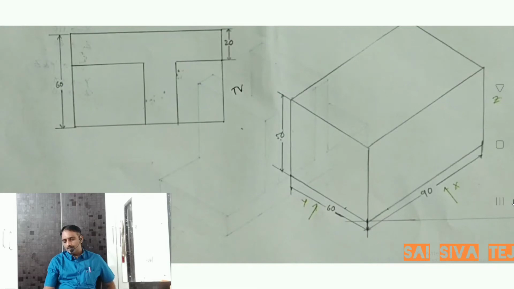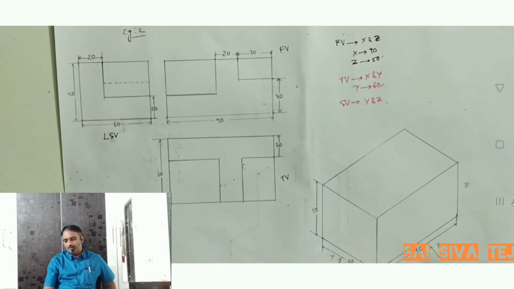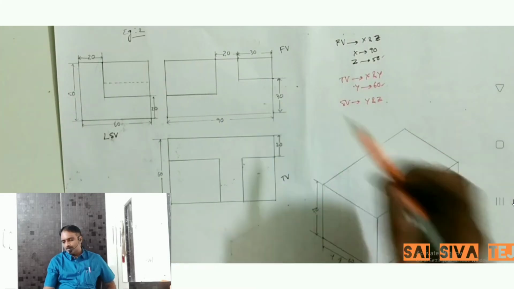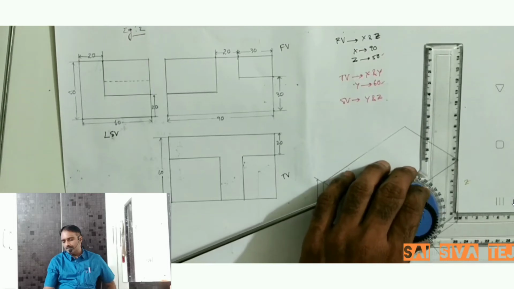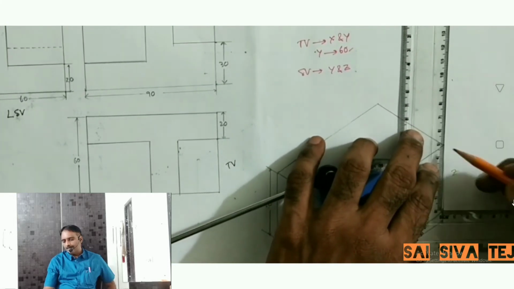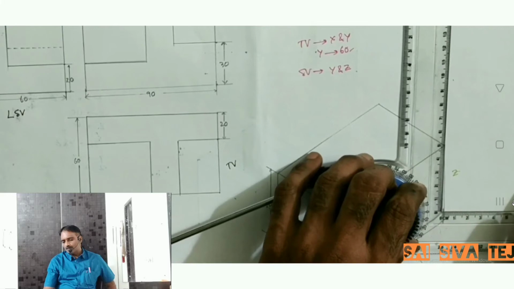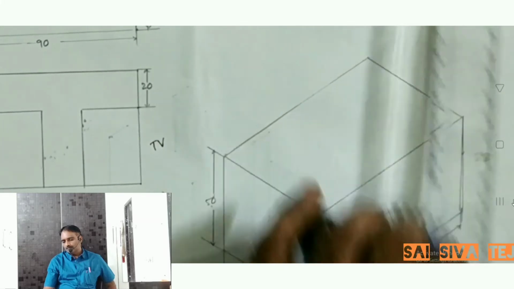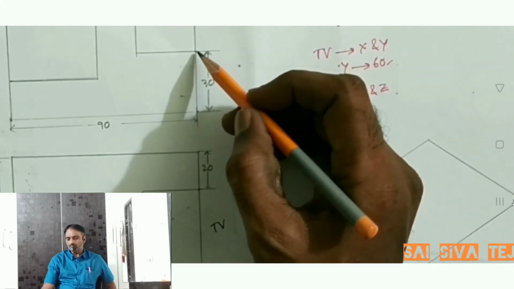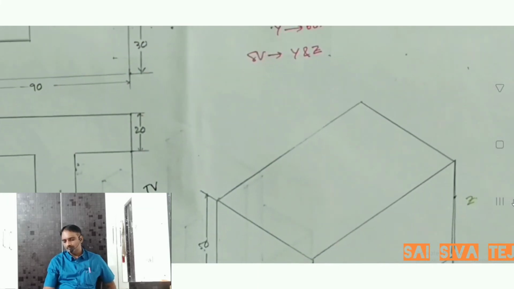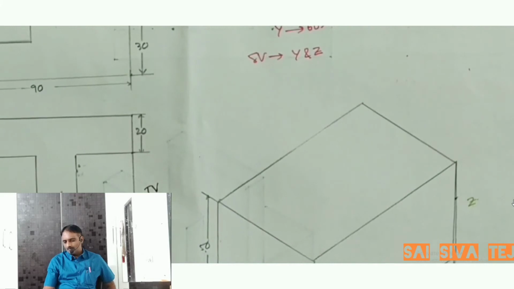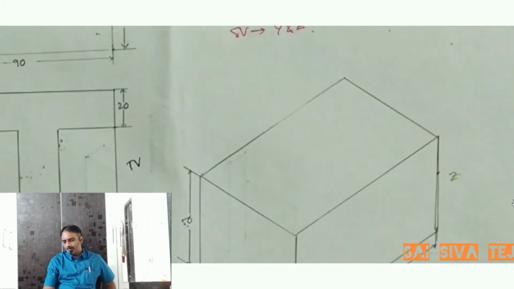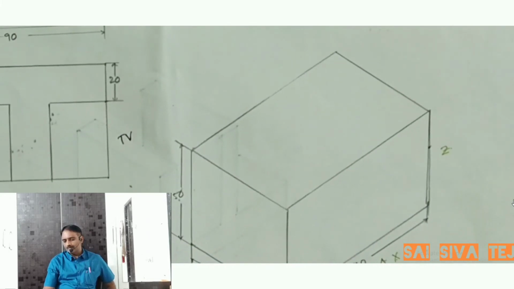Now let us draw the front view of the orthographic projections given to us carefully. From here 30 units, we have to consider 30 units, and therefrom we have to follow the lengths which are given.